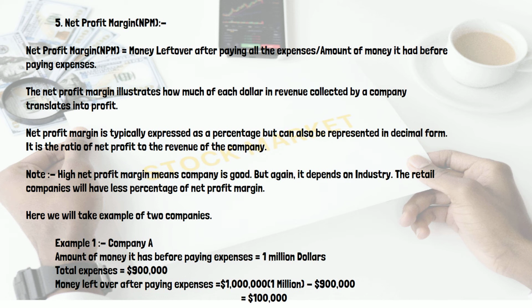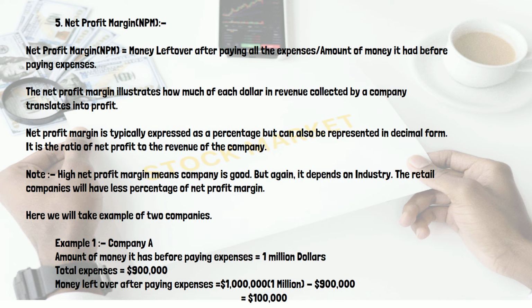Number 5. Net profit margin, also called NPM. Net profit margin is equal to the money left over after paying all the expenses divided by the amount of money it had before paying expenses. The net profit margin illustrates how much of each dollar in revenue collected by a company translates into profit.